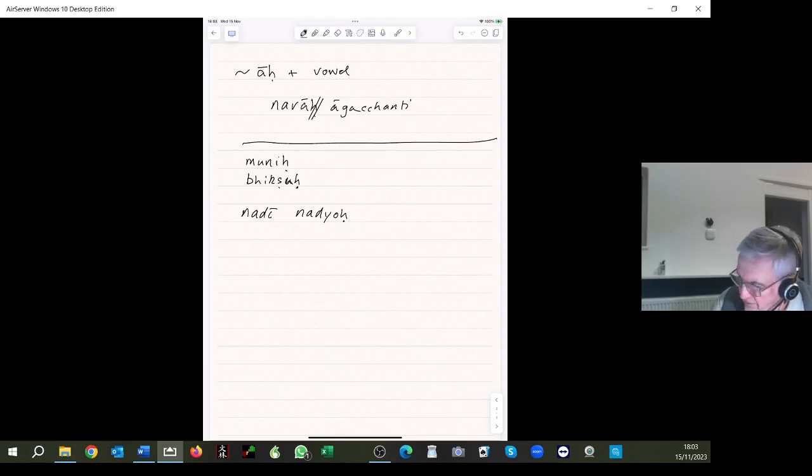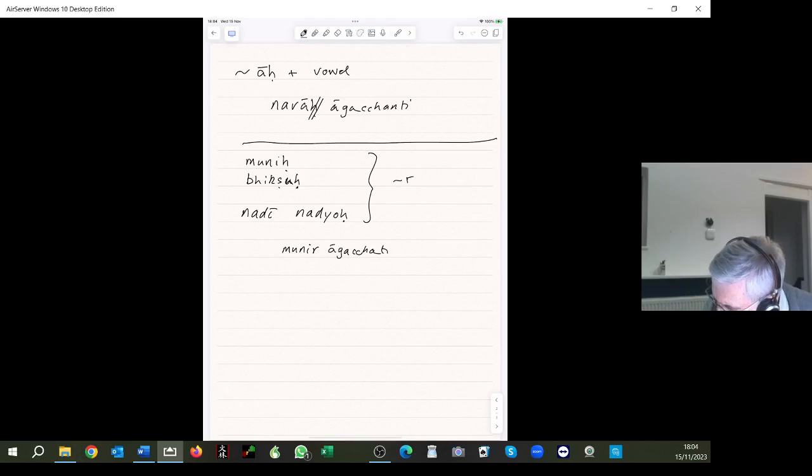If any of these are followed by a vowel, the visarga changes into an r. Simple as that. The sage is coming. Munir agacchati. The bhikshu is coming.